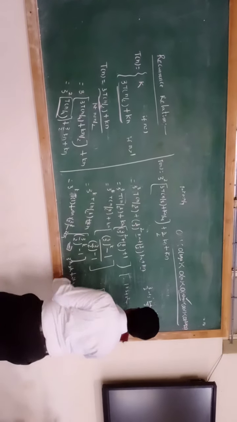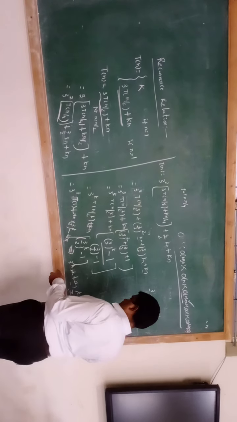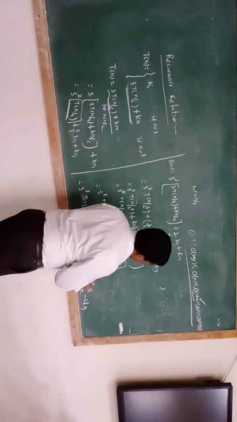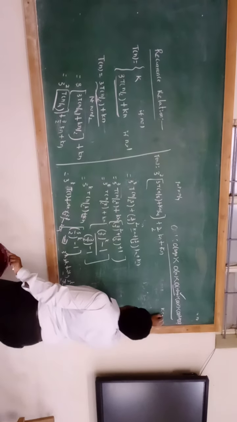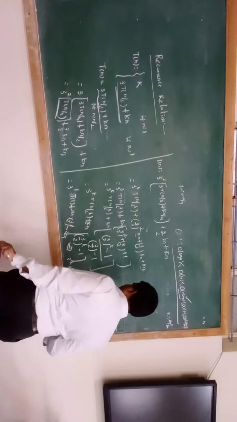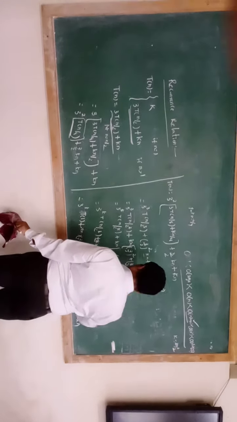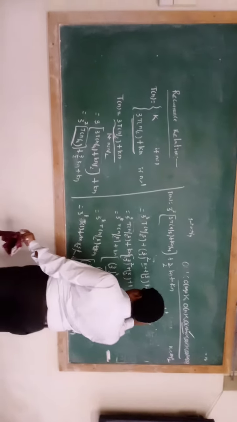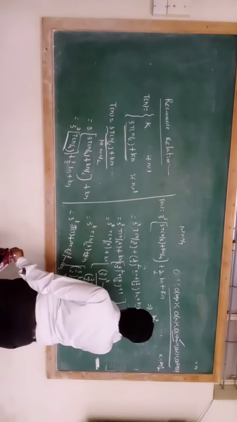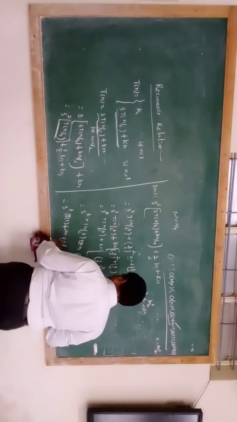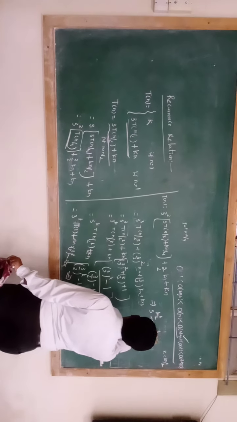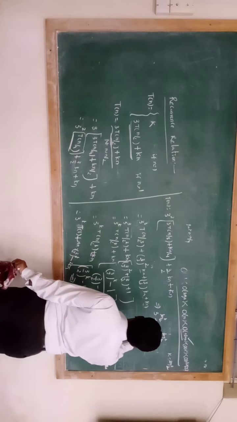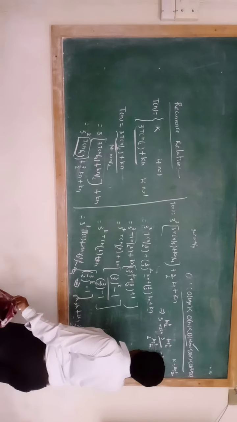We know n equals 2 raised to k, so k equals log n base 2. So 3 raised to k is 3 power log n base 2, plus 2kn into (3/2)^k, that is 3 power log n base 2 by 2 power log n base 2, minus 2kn.